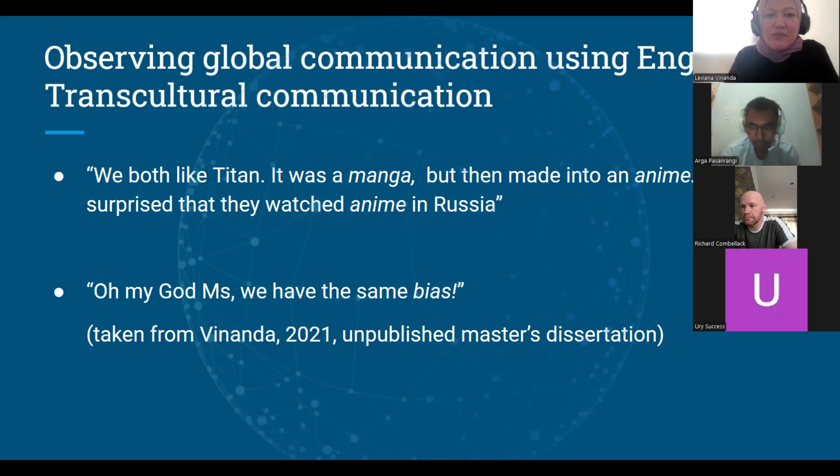The word manga or anime here is spoken between Indonesian and Russian. It probably has a Japanese background, but if you really think about it, I wonder if it's actually Japanese. It's more like it transcends and transgresses to serve the needs of communication between the students.